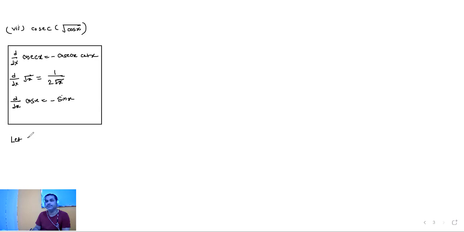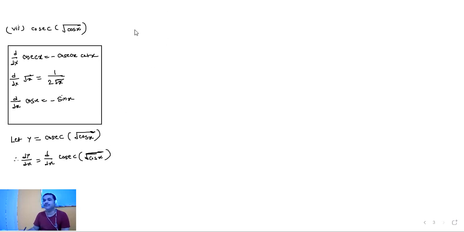Let y is equal to cosec of root of cos of x. Therefore, we need to take dy by dx is equal to d by dx of cosec of root of cos of x.